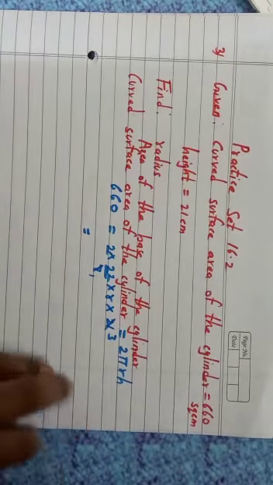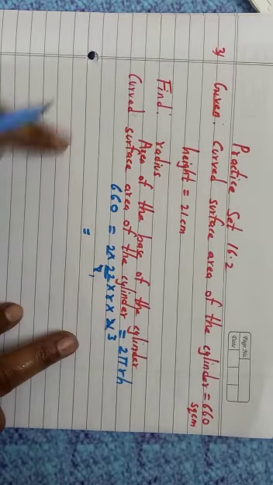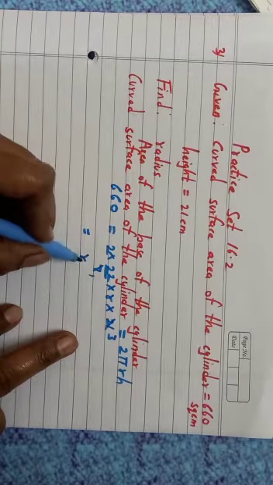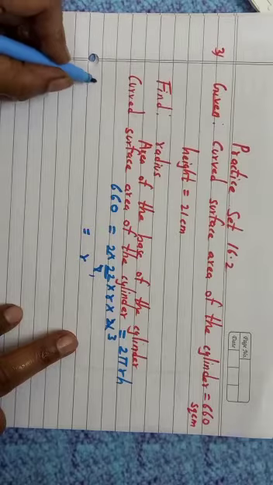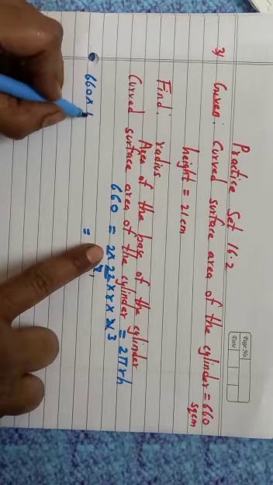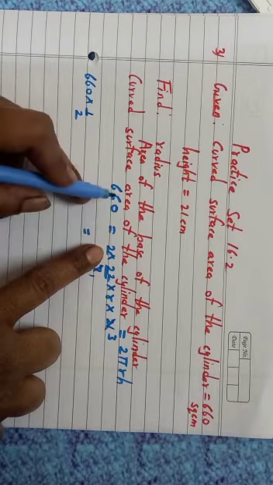All this 2, 22 and 3 we will take to the LHS and keep only r here because we want the radius. We take the reciprocal when changing sides, from right to left.